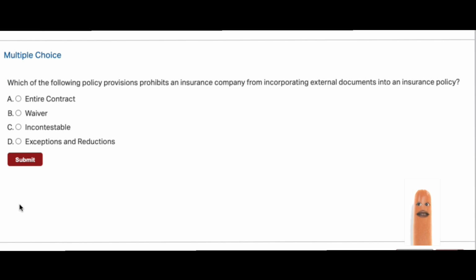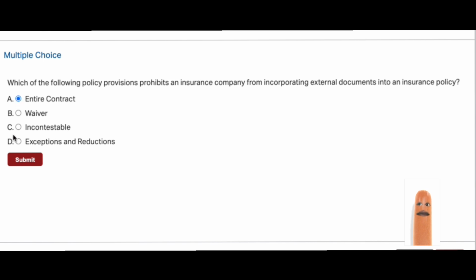Which of the following policy provisions prohibits an insurance company from incorporating external documents into an insurance policy? A, entire contract. B, waiver. C, incontestable. Or D, exceptions and reductions.